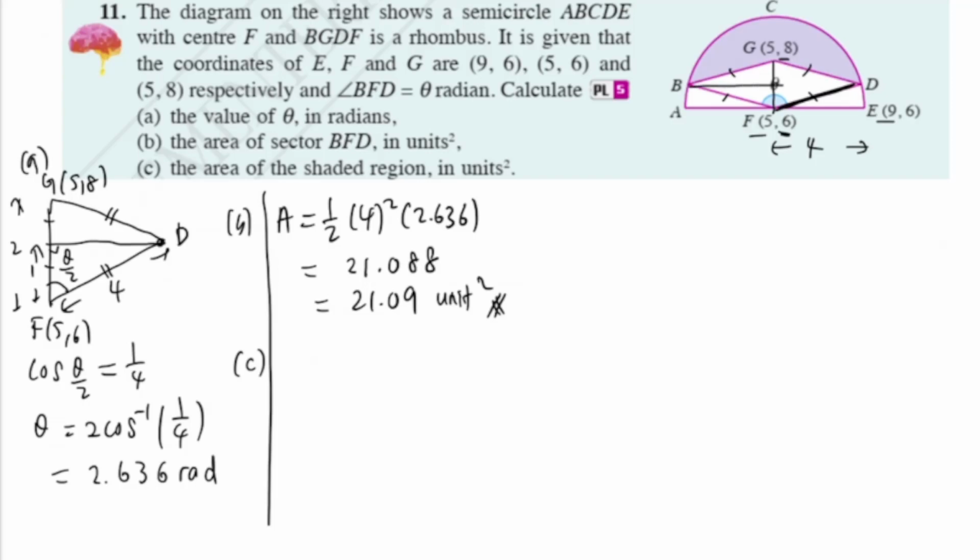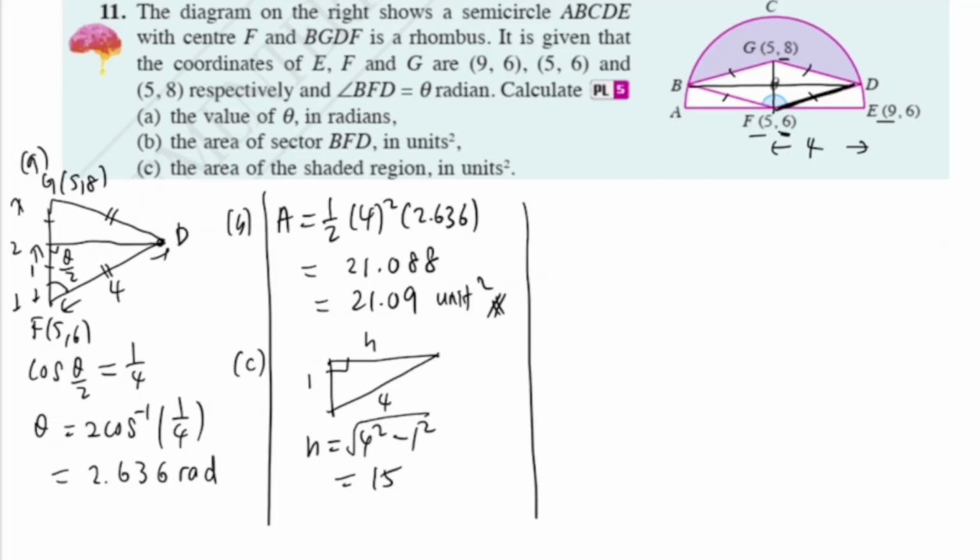If this is 1 and 4, we can find this height, which is the square root of 4 squared minus 1 squared, which gives us the square root of 15. So if you subtract triangle 1, 2, 3, 4 from the area of the sector, you will get the shaded region.